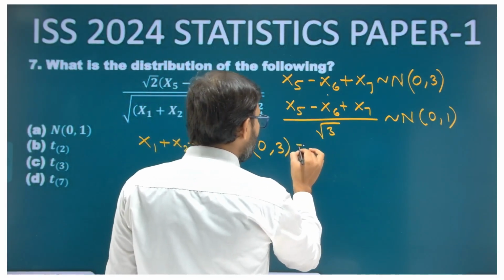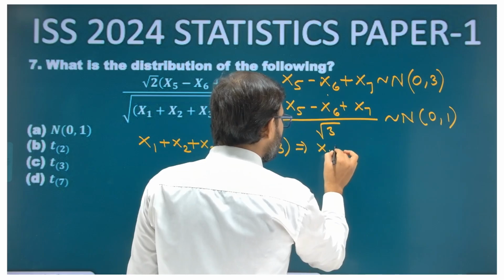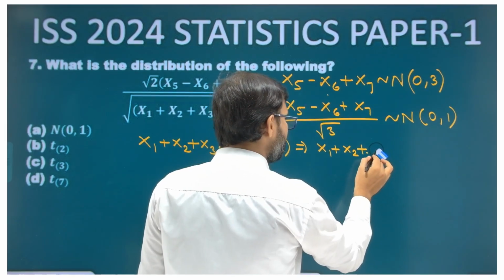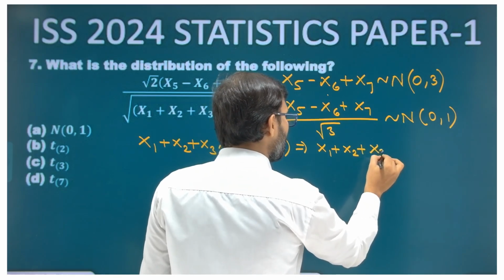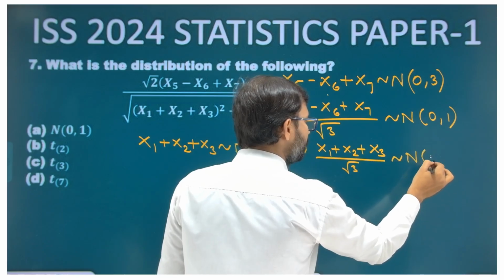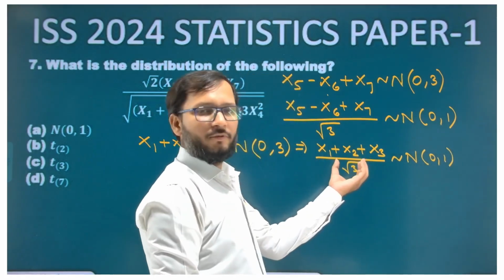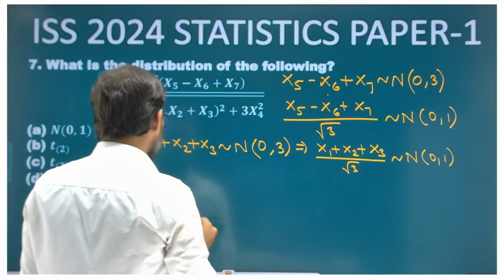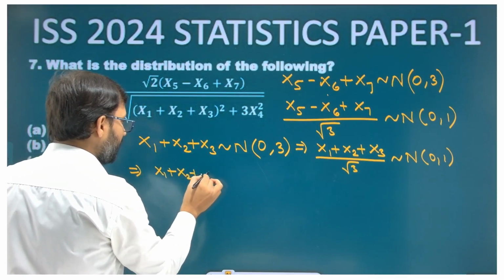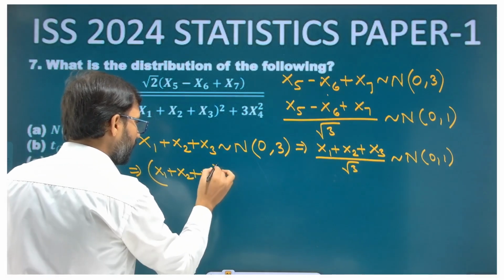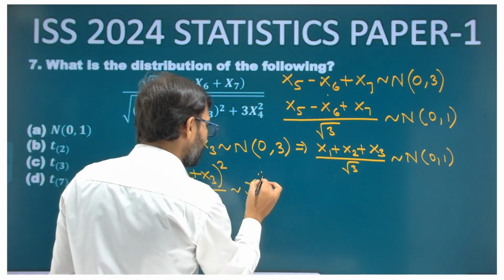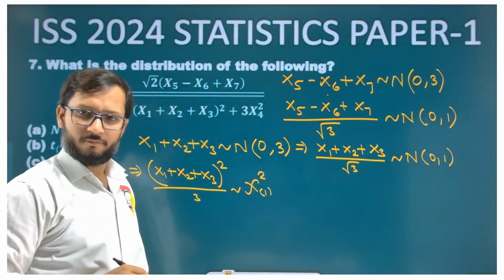That implies that x1 plus x2 plus x3 upon root 3 is following normal 0, 1. And so their square will follow chi-square 1. Is it? So this implies that (x1 plus x2 plus x3) whole square upon 3 will follow chi-square with 1 degree of freedom.